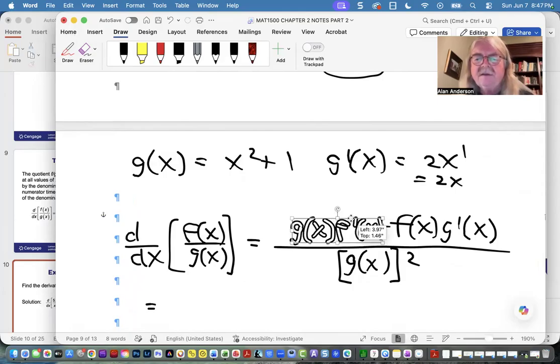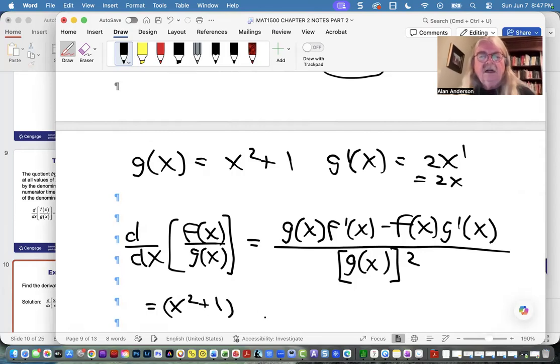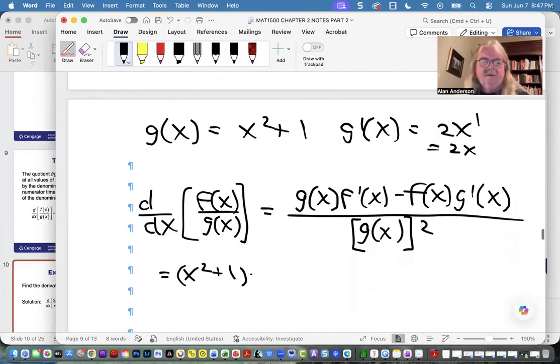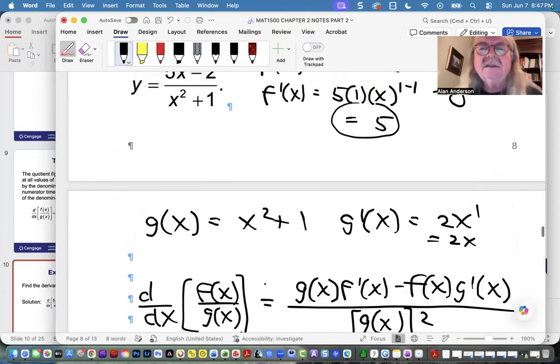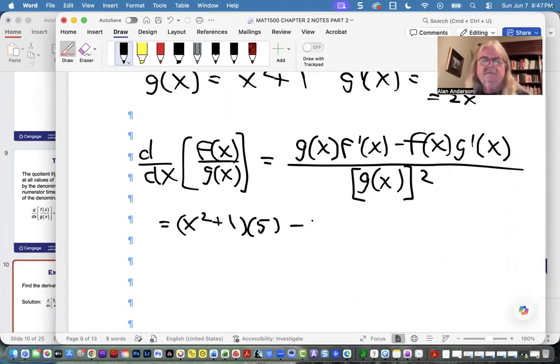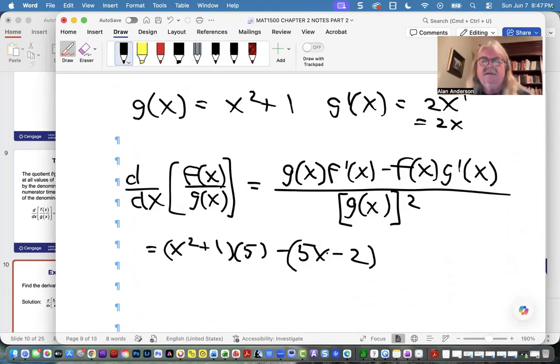Actually, I think I may have messed it up a little. There we go. Perfect. Okay, great. G of x is x squared plus 1. F prime of x is 5. F of x is 5x minus 2. And g prime of x is 2x.